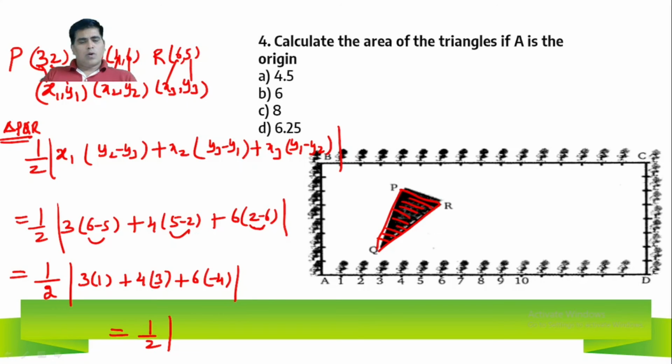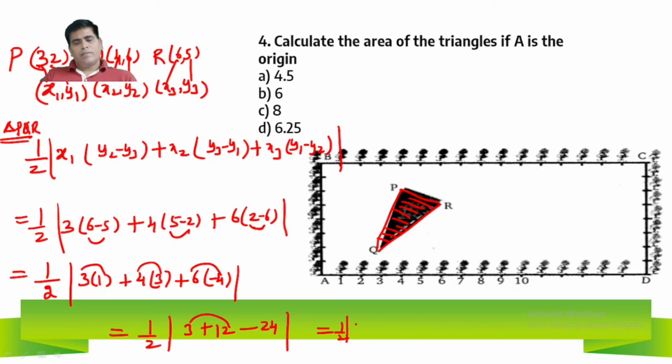So 1 by 2 modulus, 3 ones are 3 plus 4 threes are 12 minus 6 fours are 24. So half modulus, 15 minus 24. The difference between these two numbers is minus 9 here.